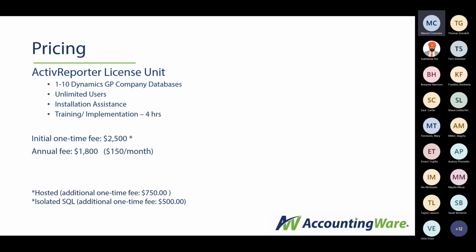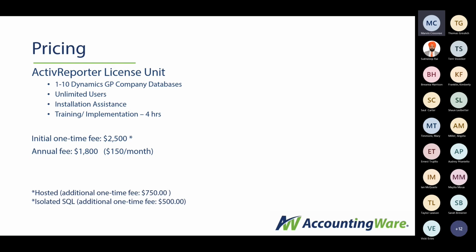By the way, I didn't show this, but they can drill down on those disseminated spreadsheets if they can get to the GP data. We also have, there's no licensing by user. We do all the implementation or installation assistance. It usually takes from 1 to 3 hours to install the product, depending upon how large your organization is, how many years of history you bring across, and so forth.